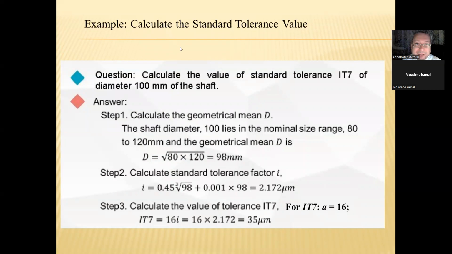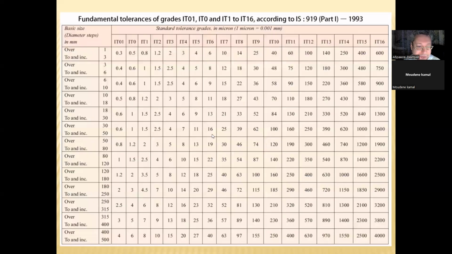Example: calculate the standard tolerance value. Question: calculate the value of standard tolerance IT7 for a shaft of diameter 100 millimeters. Step 1. Calculate the geometrical mean D suffix M. The shaft diameter 100 is between 80 and 120.